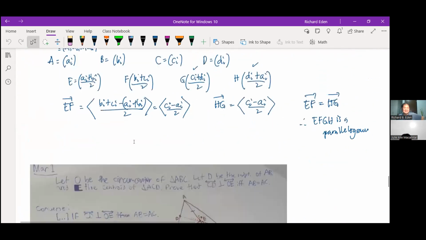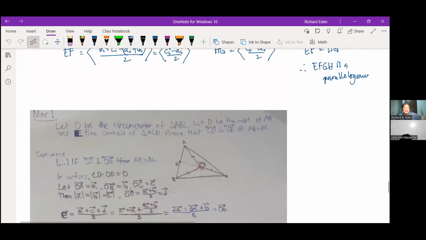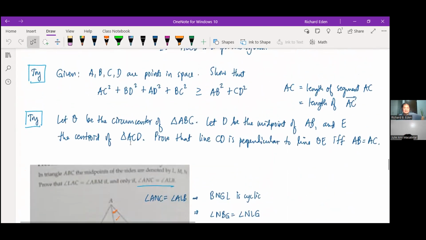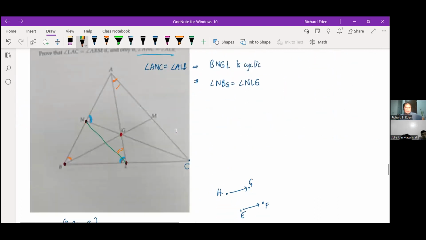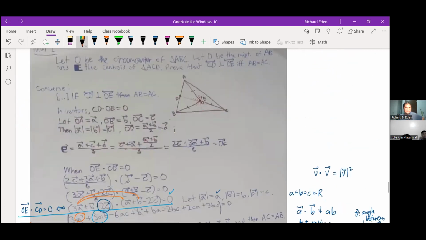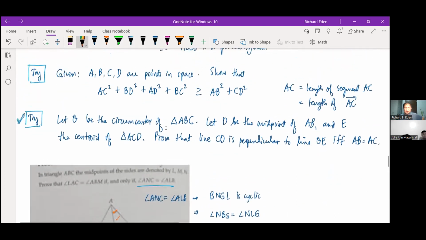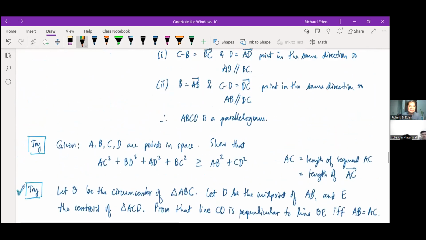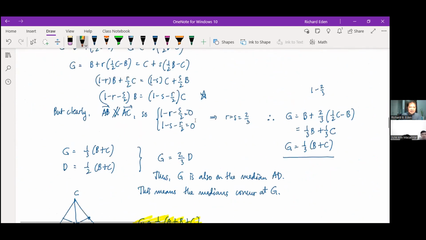Okay. So let's mark OD. This is the second try. I think this is what we just addressed a while back: CDOE if and only if AB equals AC. So we still have points in space.